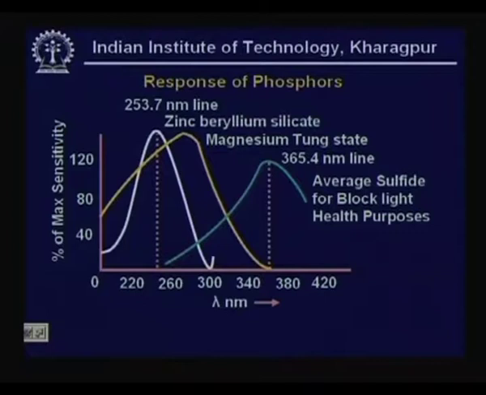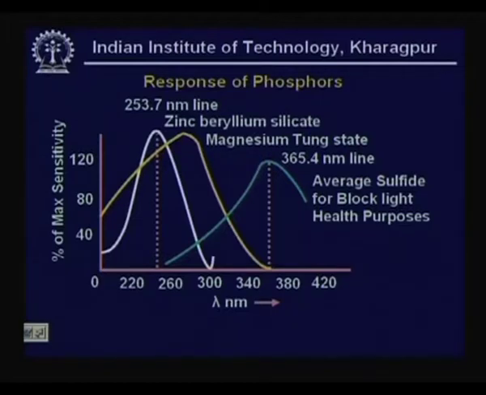Now let us look at the picture which shows 3 different materials. The first curve has a peak sensitivity around 253.7 nanometer line, which is a zinc beryllium silicate. Now as against this, we do have magnesium tungstate, which is having a peak between 265 to 280, and the sulfide which is normally used, the sulfides are very often used.